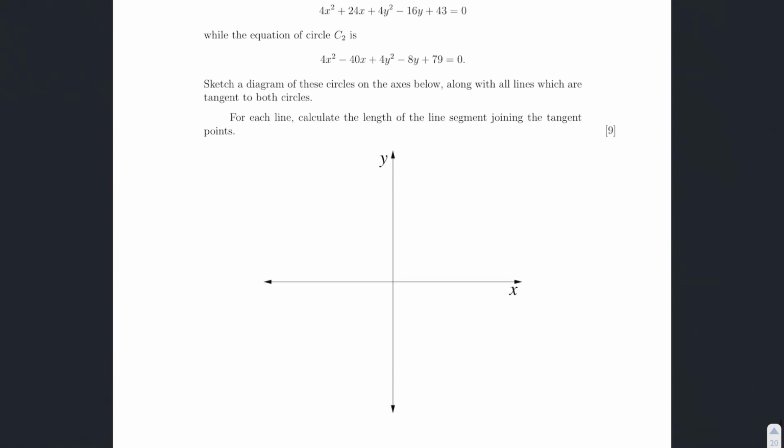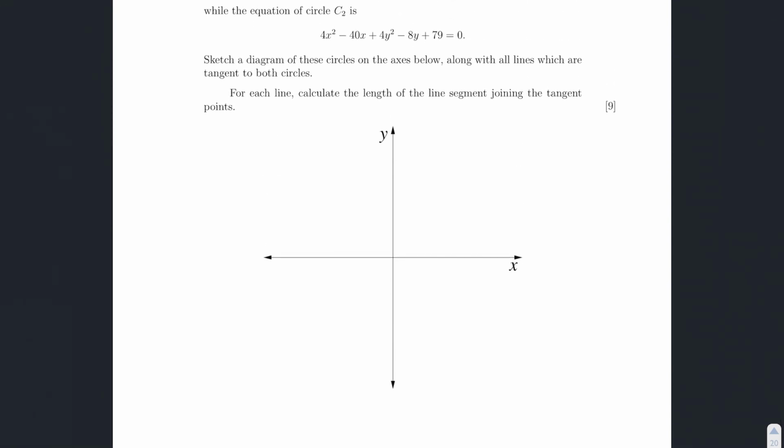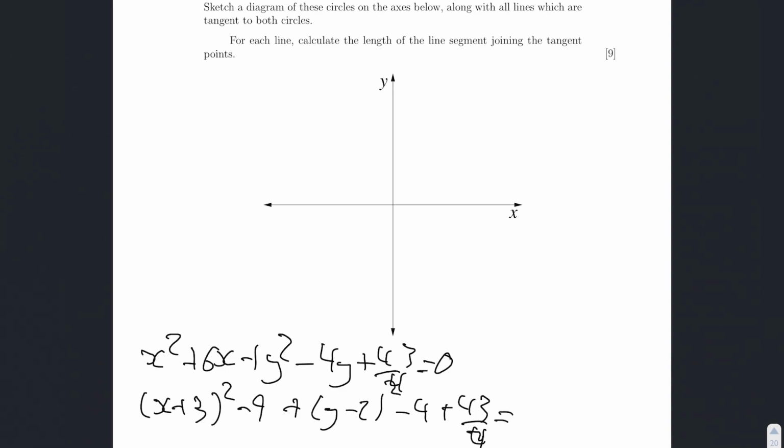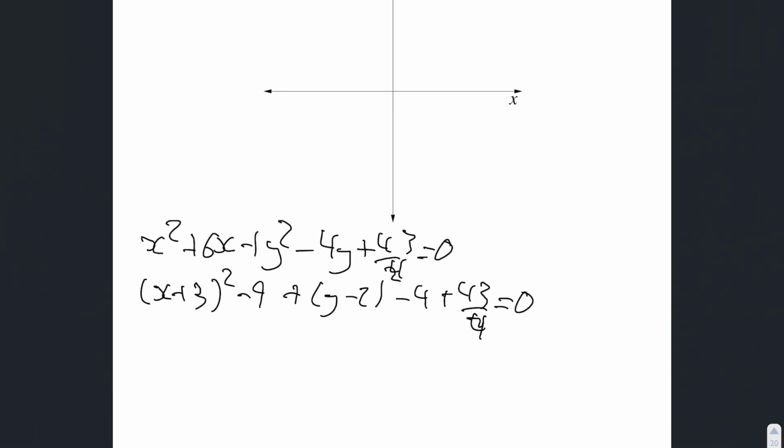So we know that the first one, I can divide it by 4 to get x squared plus 6x plus y squared minus 4y plus 43 over 4 equals 0. So this is x plus 3 squared minus 9 plus y minus 2 squared minus 4 plus 43 over 4 equals 0.